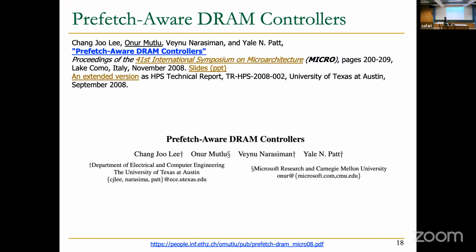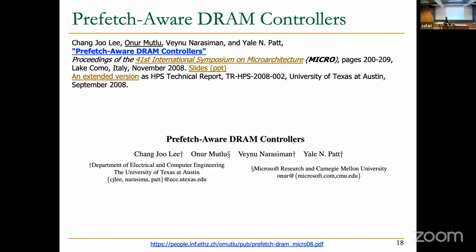The crux of this problem is that if you make your DRAM controller prefetch aware, that brings up performance, and especially provides benefit in constrained environments like multi-core systems or server processors, which are heavily constrained in memory bandwidth and so on.